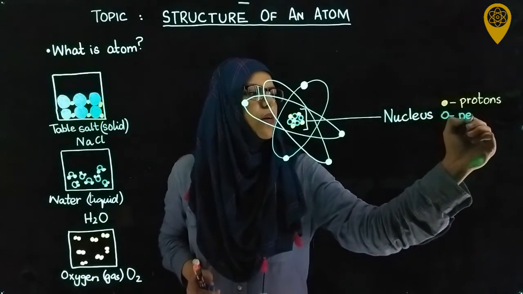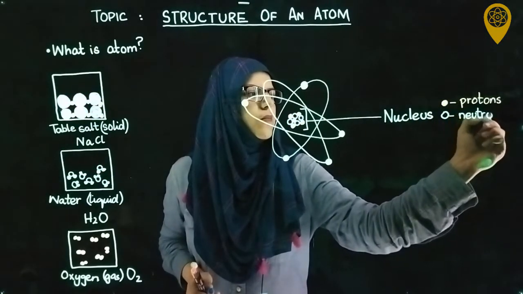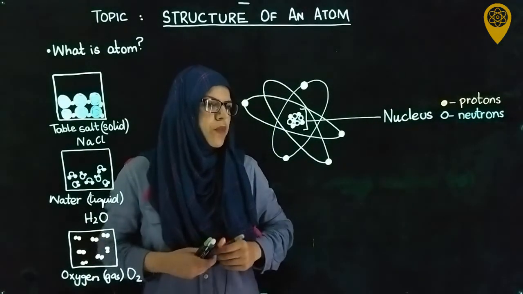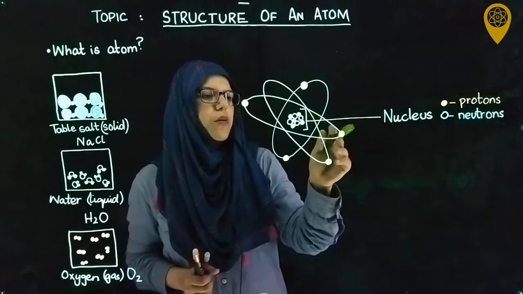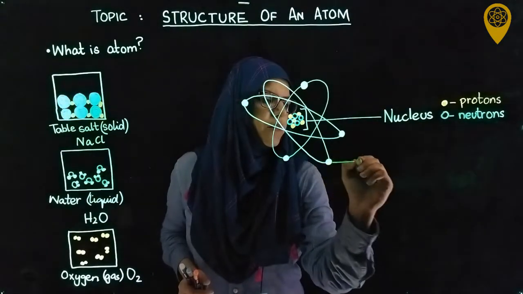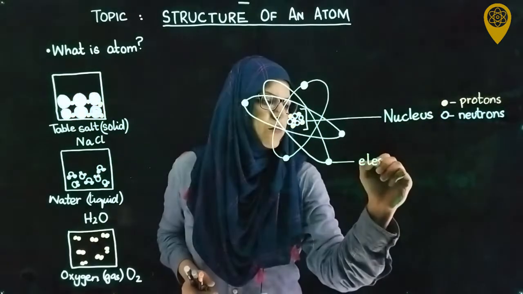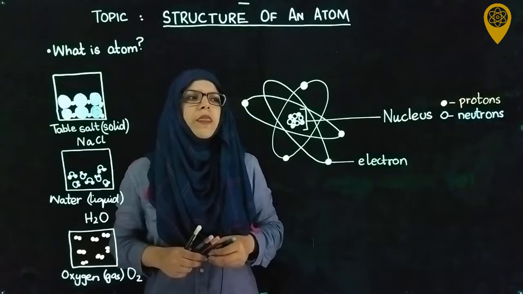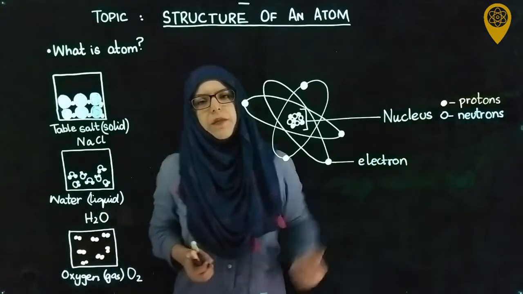These are called neutrons or neutron in a singular. And the particles which are moving around this nucleus, these particles are called electrons or singular electron.